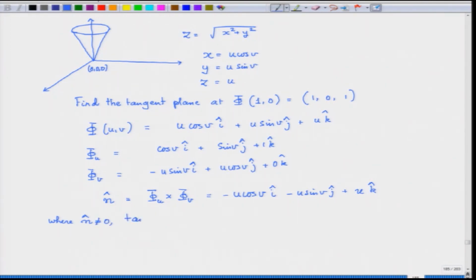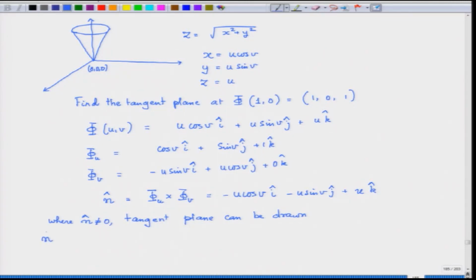Tangent planes can be drawn at any other point. So, basically we are looking at the 1 0 point.